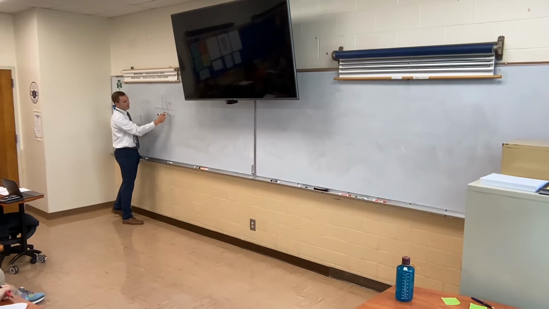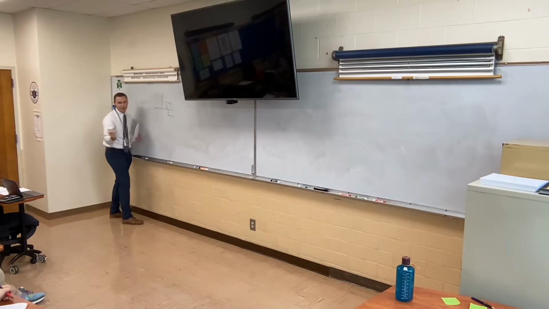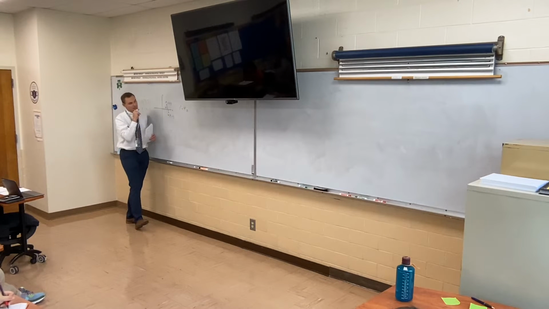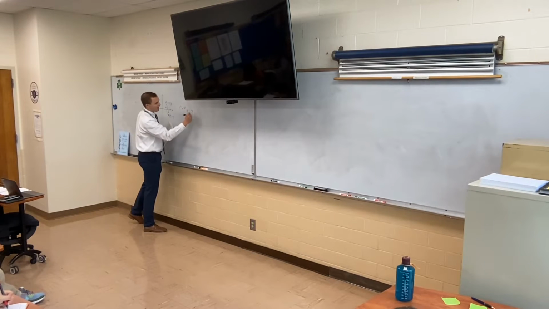So 3 going down to negative 1 is a 4. This side is a length of 4. Okay, this side 3 to 4 is a length of 1. We can use the Pythagorean theorem. 1 squared plus 4 squared equals 17, and then we have to take the square root of that. So AB would be the square root of 17. And that's one way we can do it.